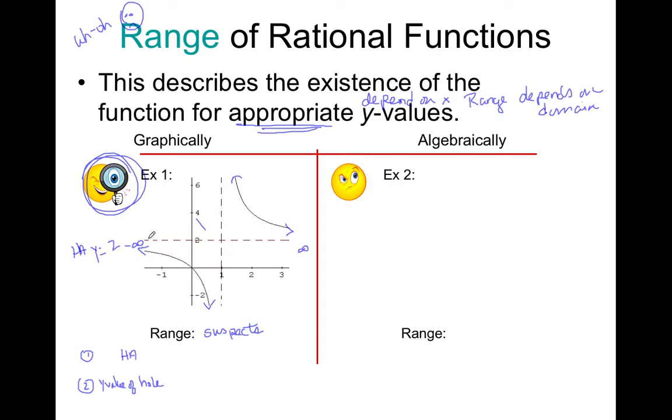Is the horizontal asymptote ever touched or crossed in the middle? No. So your range does not include 2. So check. I check the horizontal asymptote. Check the y value of any hole. Well, I don't have any hole.